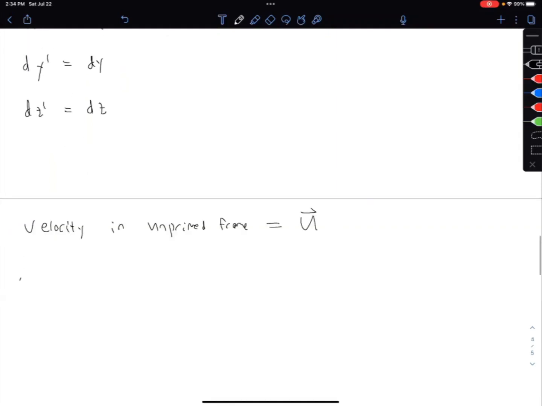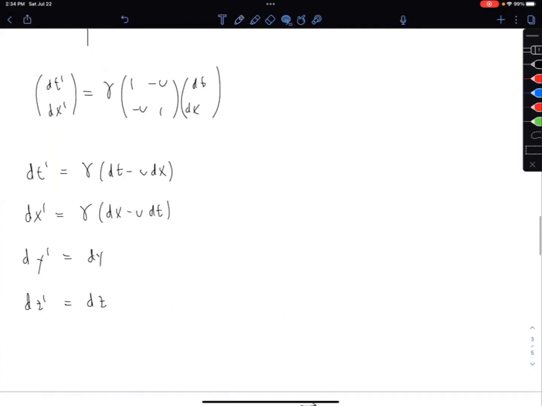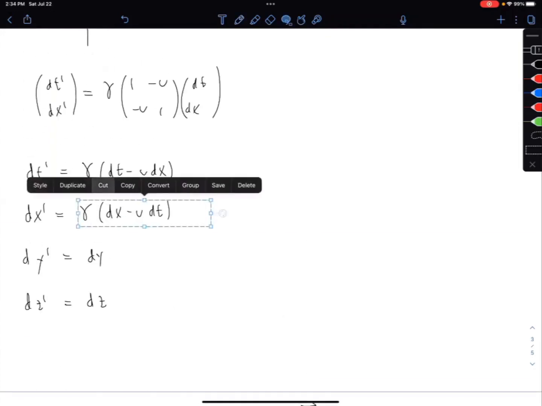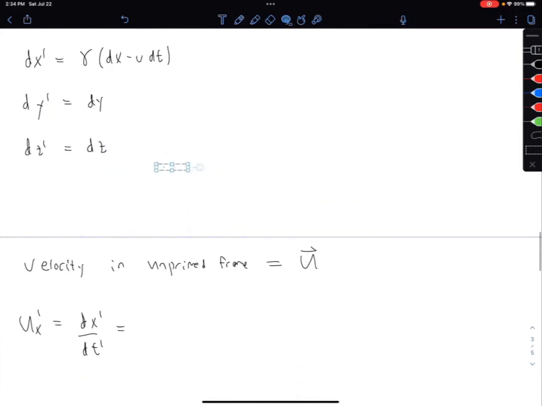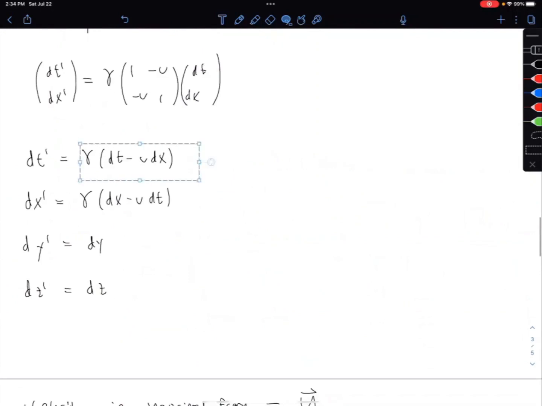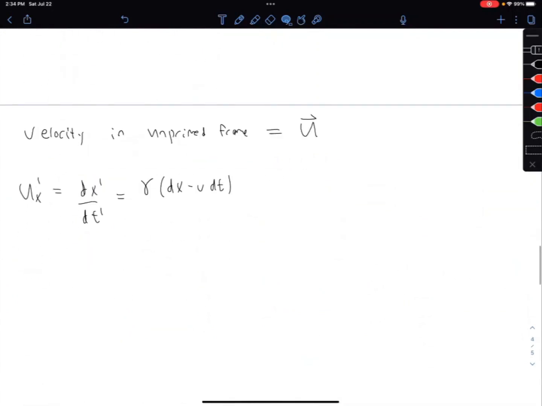So I want to figure out what is ux prime in terms of ux. By definition, this is just dx prime over dt prime. I just take dx prime, move it over here, and I take dt prime, put it over here. And then these will cancel.